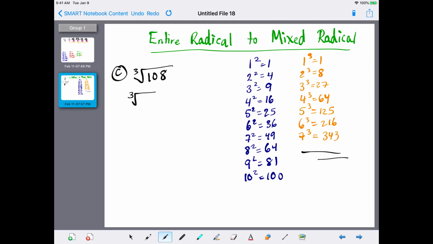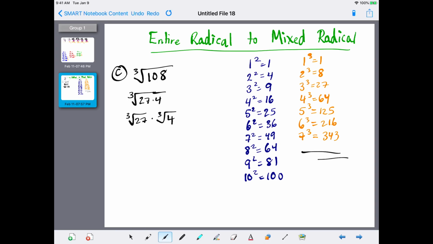So 27 and 4 will work. And just as before, we can break those 2 factors up, just like that. Make sure you continue to put the 3 in the index, right?